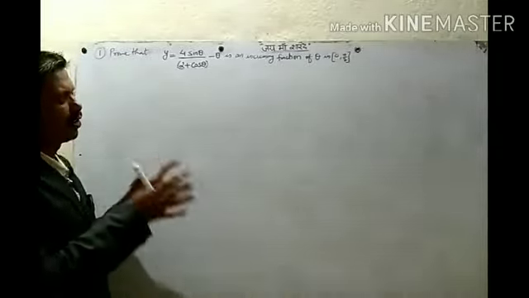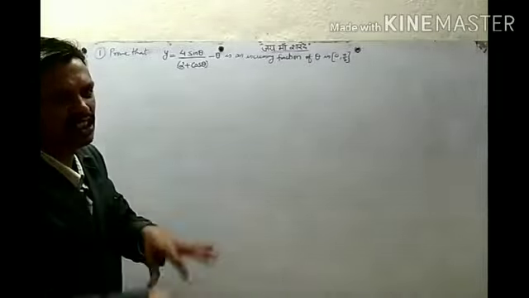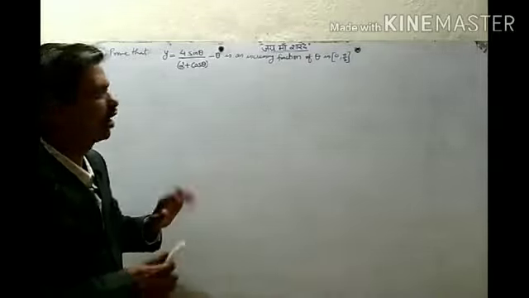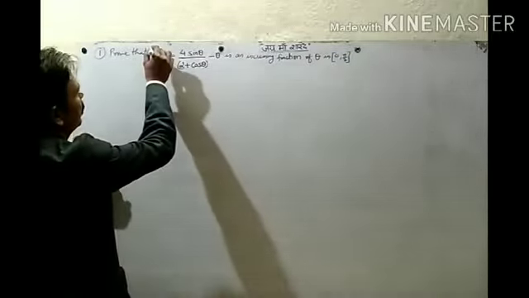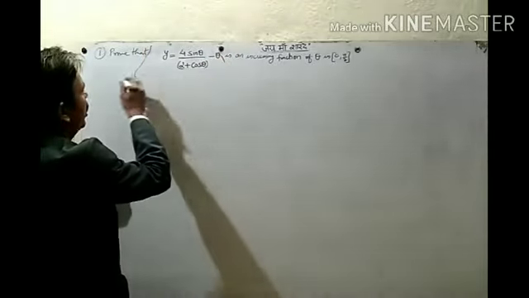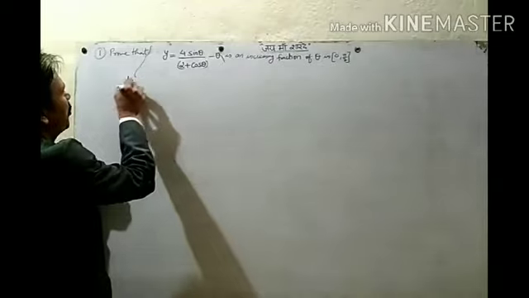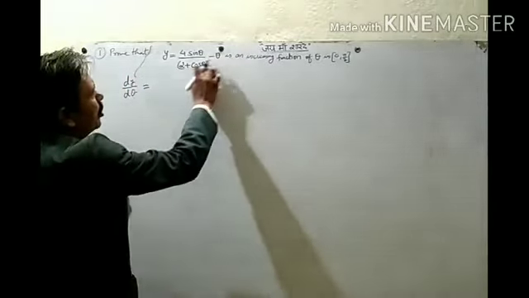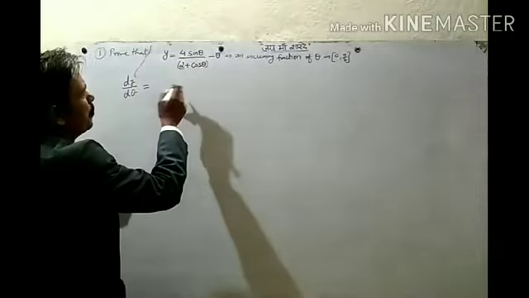So the first step to show any function is strictly increasing or decreasing is to find its derivative. Okay? So differentiating both sides with respect to theta, we get dy by d theta equal to, here we would apply the quotient rule.